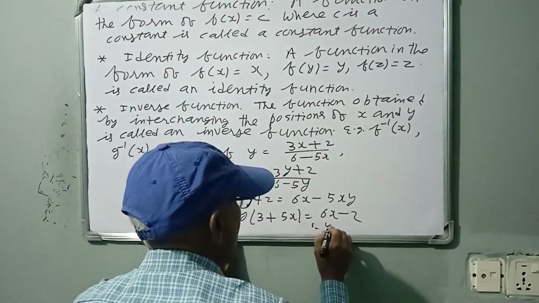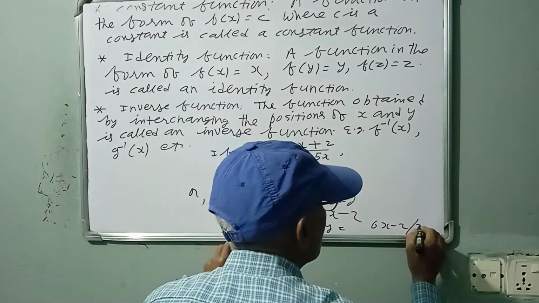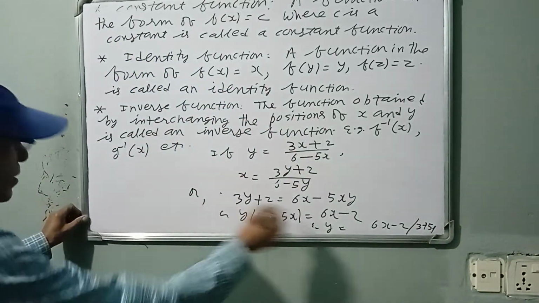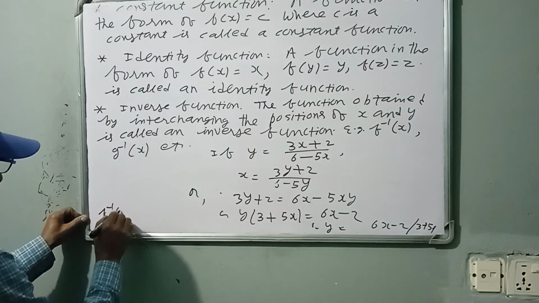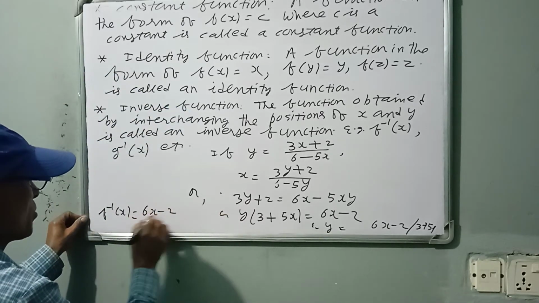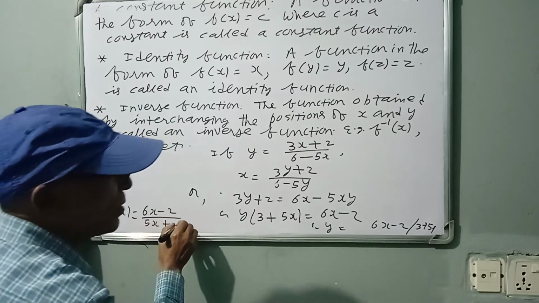What is the value of y? y equals (6x minus 2) by (3 plus 5x). Now this function is called f inverse x: f inverse x equals (6x minus 2) upon (5x plus 3).